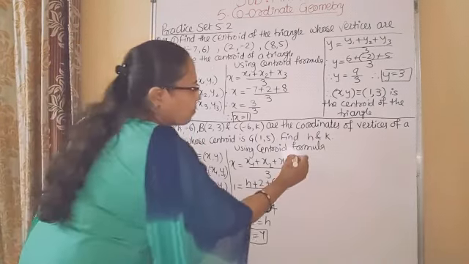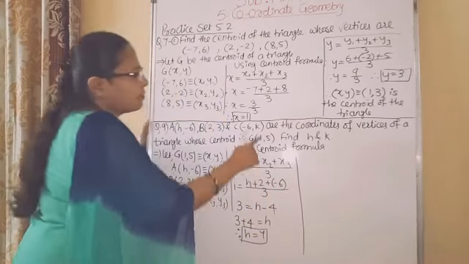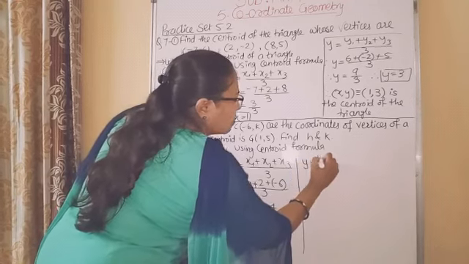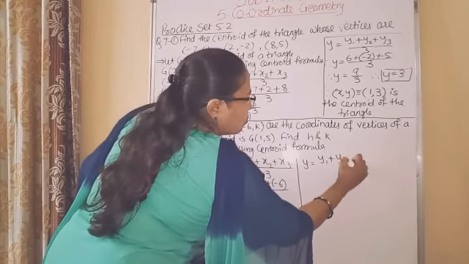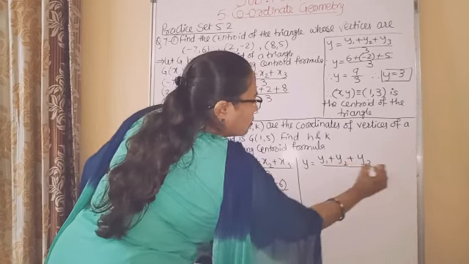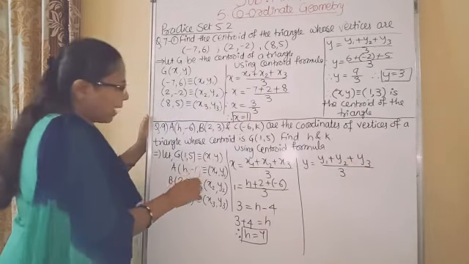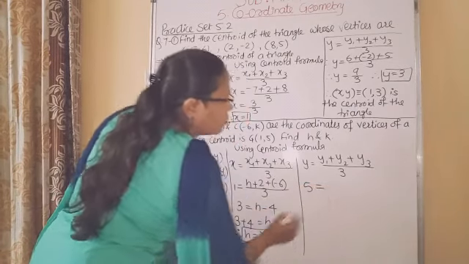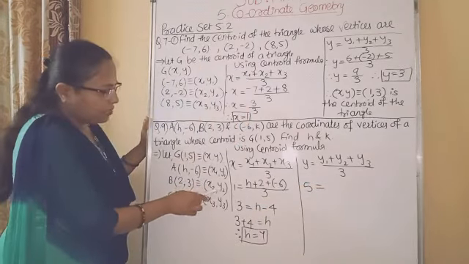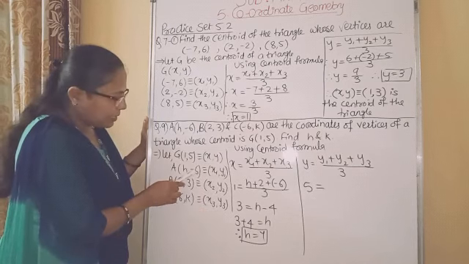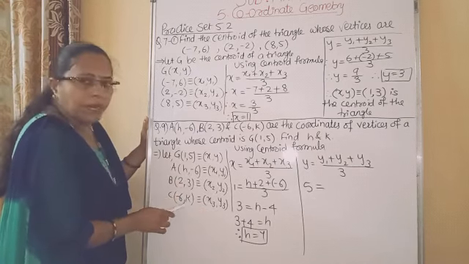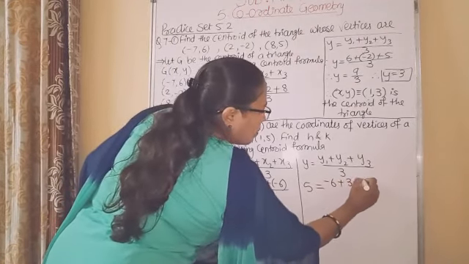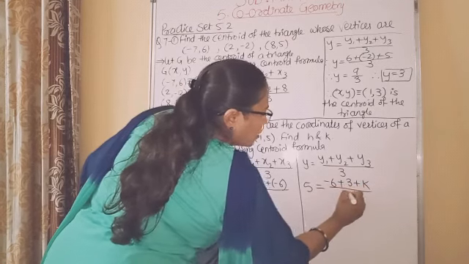Okay. Now we will use the y coordinate formula and we will get the value of k. So y is equal to (y1 plus y2 plus y3) upon 3. So the y coordinate is 5, equal to y1 plus y2 plus y3 means minus 6 plus 3 plus k upon 3.